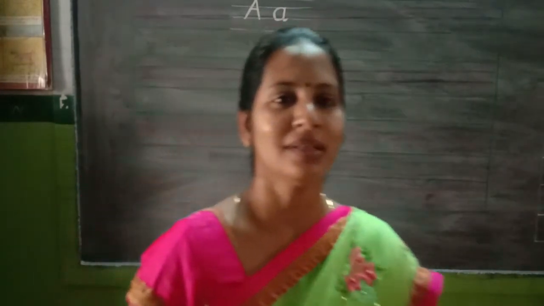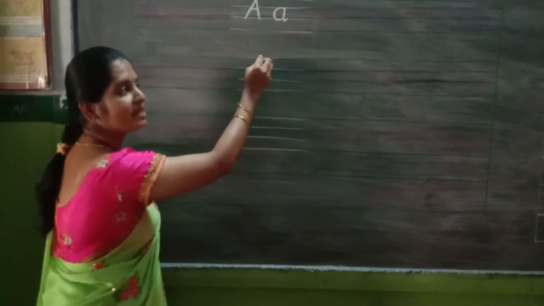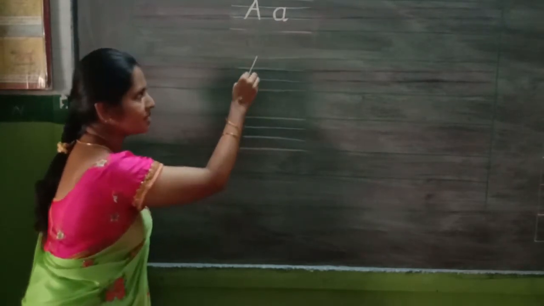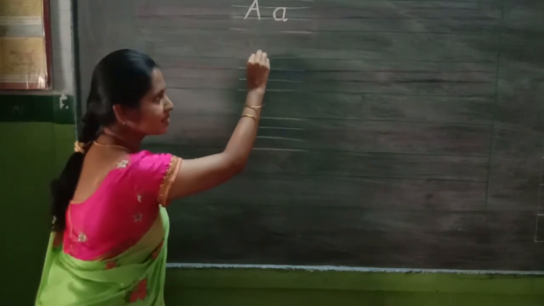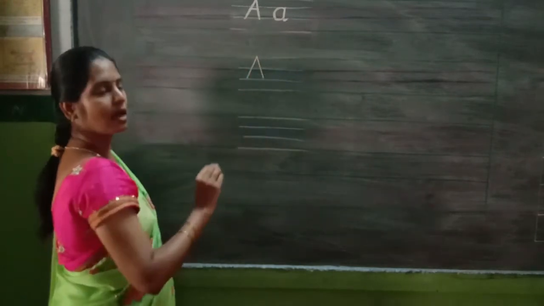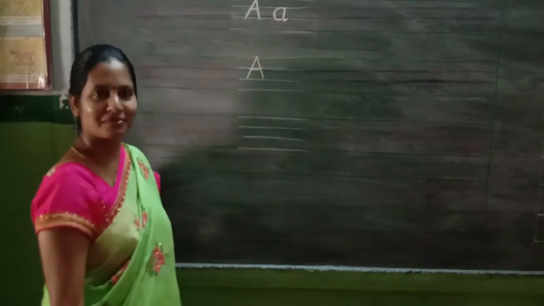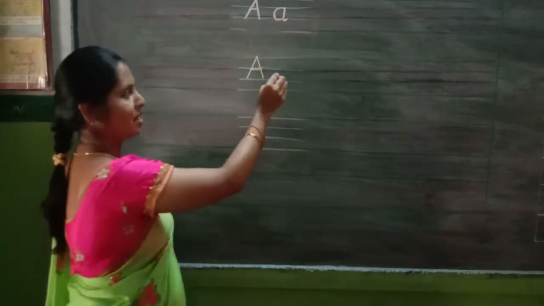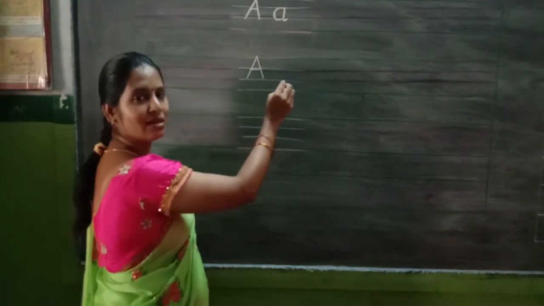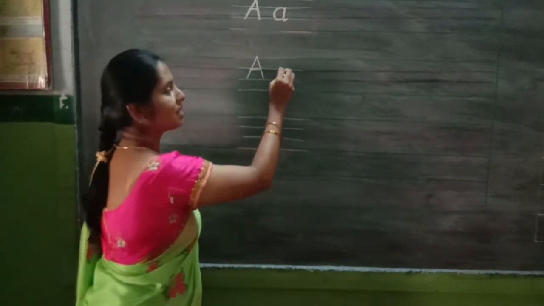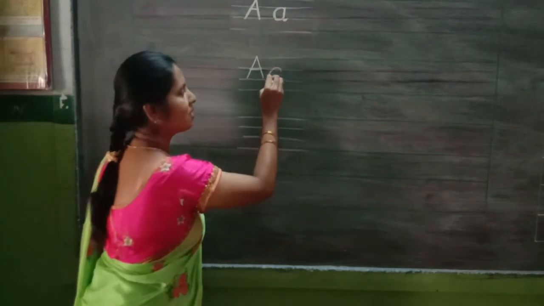Okay, children. Once again, we will write the mama letter A. Slanting line, another slanting line, and a sleeping line. Very good. Now we shall write the small letter, that is baby letter A. Put a curve.